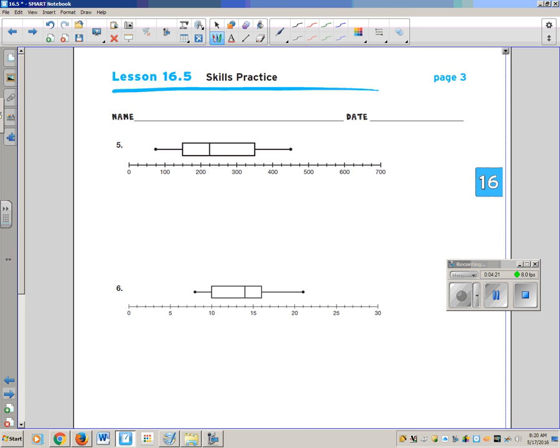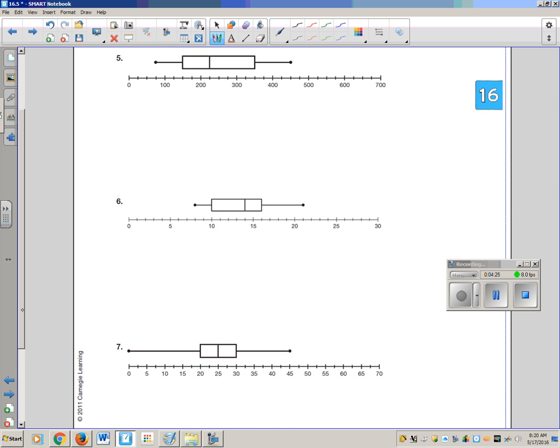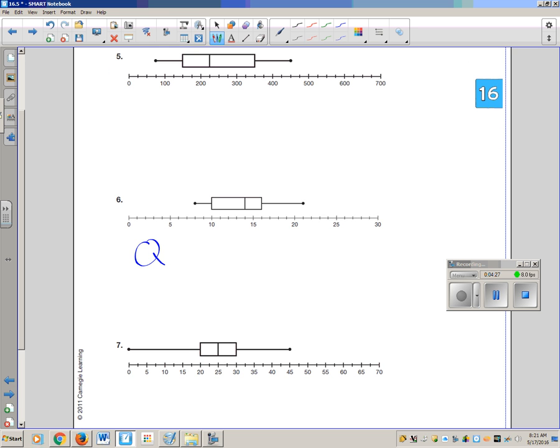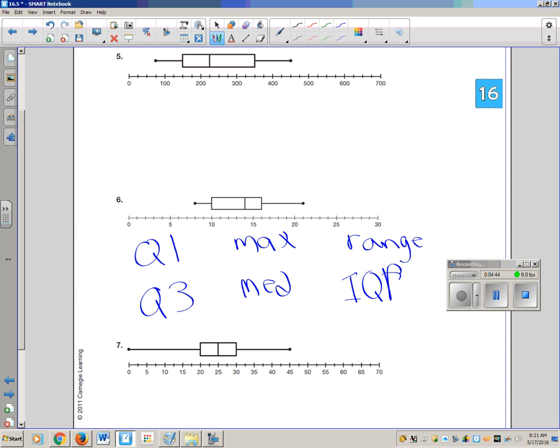So our next problem is problem 6. You want to do the same thing: quadrant 1, quadrant 3, max, median, range, IQR, and median.